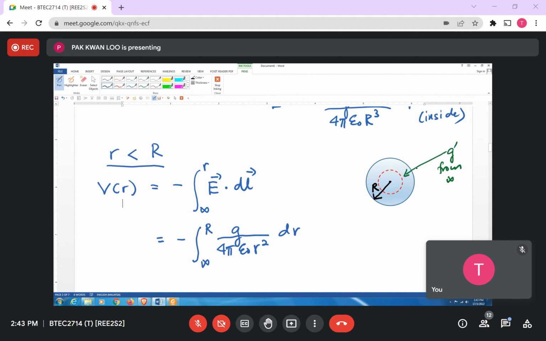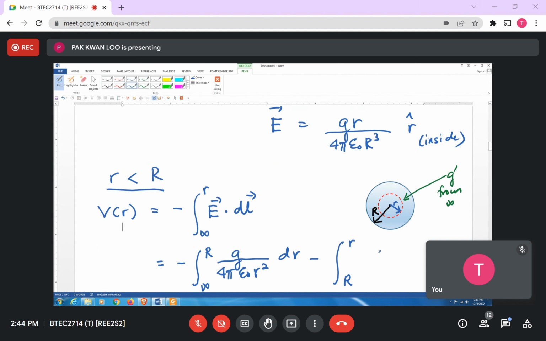Because we are bringing it in this direction. So we have another integral, which is minus, with the limit from R to small r. This is my Gaussian surface. So we are bringing it to this position here.